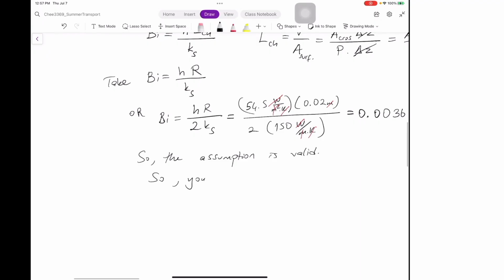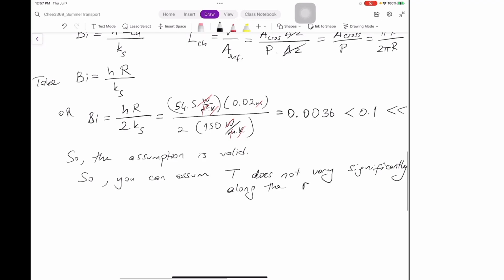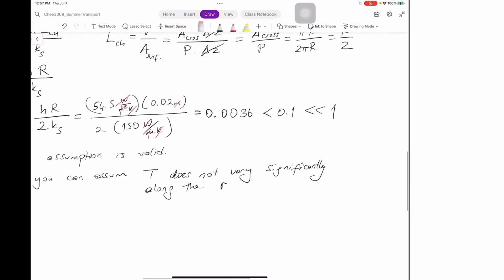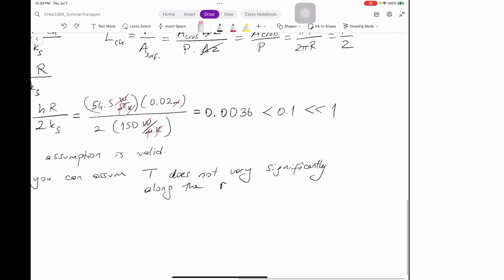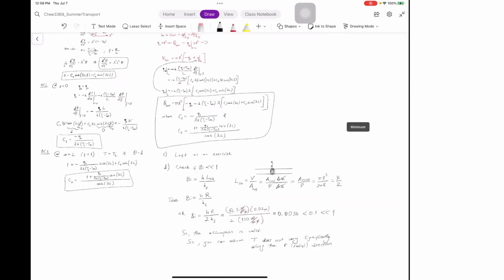So you can assume temperature does not vary significantly along the r direction, or radial direction. Okay, so that ends all the problems.